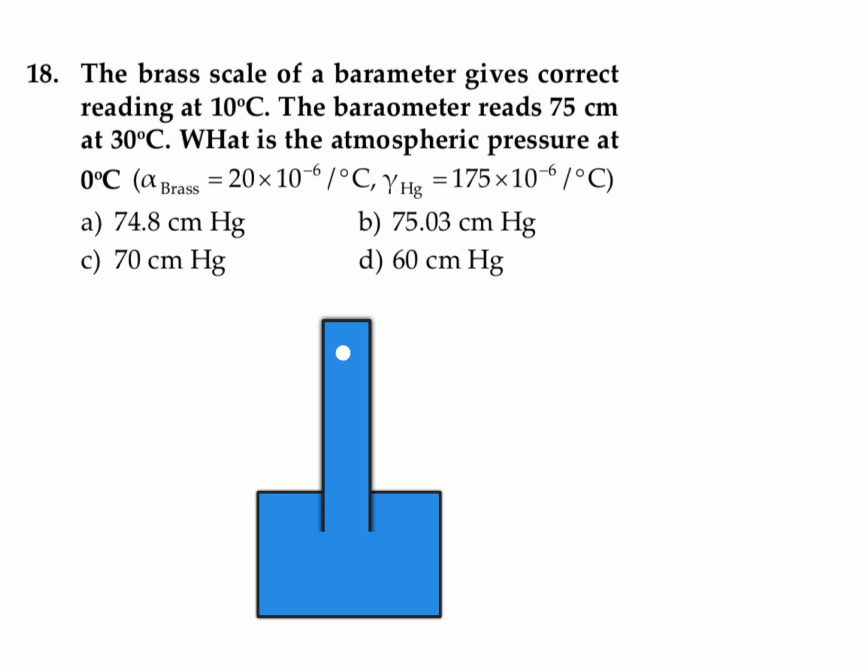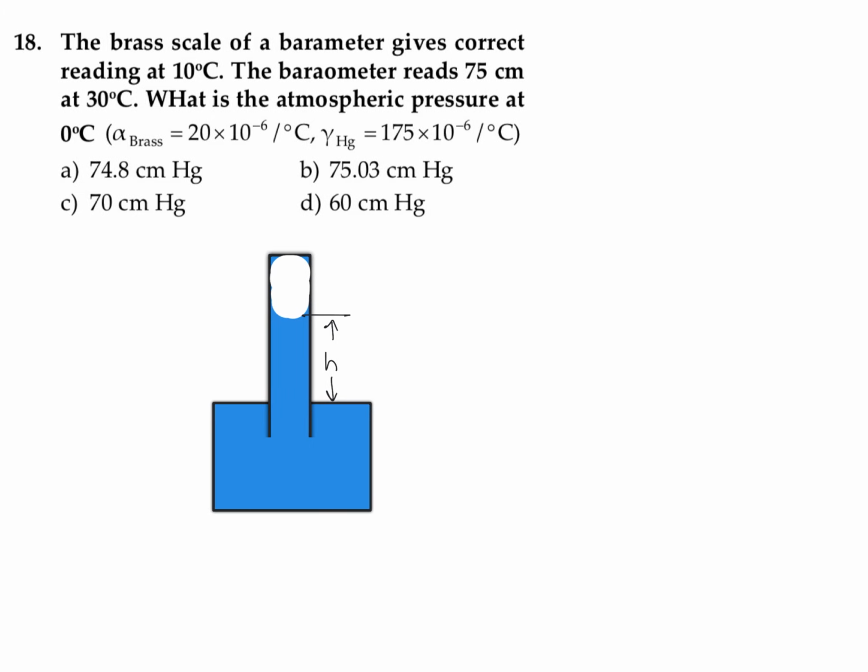Now the level of mercury inside this container will decrease and it will attain a particular height. Let's say after some time the height of the mercury column becomes equal to h. From this I can measure the value of atmospheric pressure. We'll say that atmospheric pressure is equal to h, the height of the mercury column.